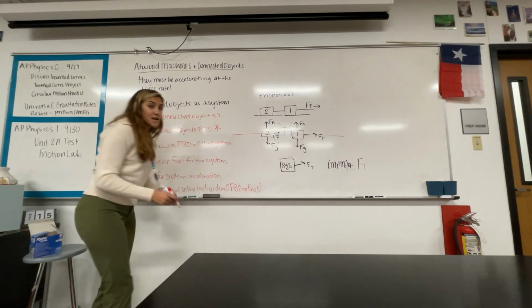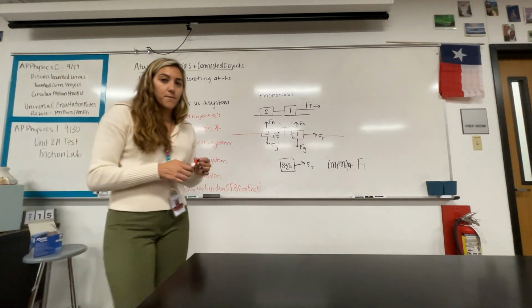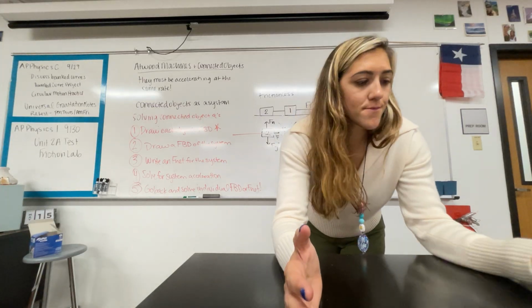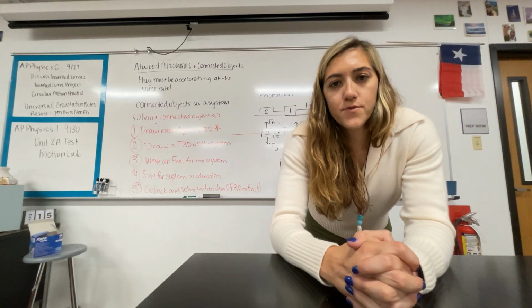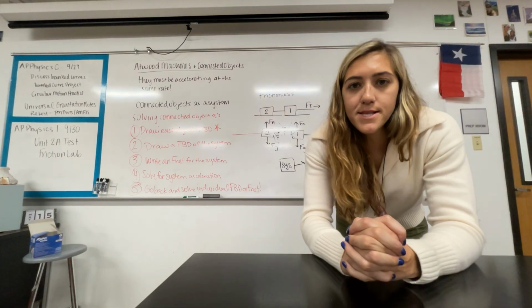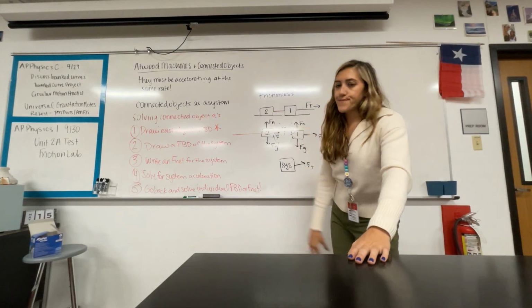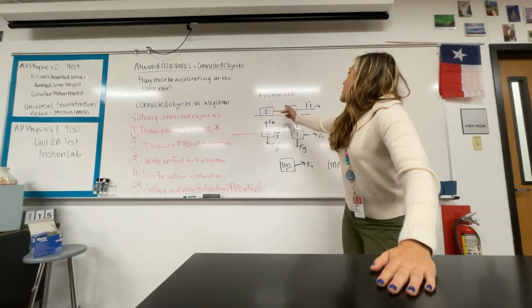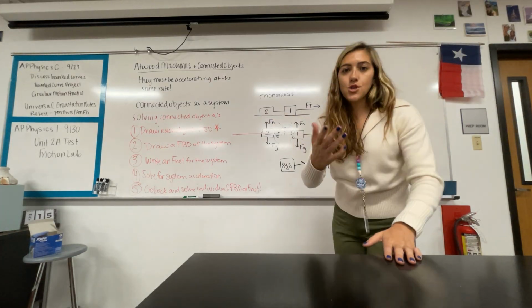So oftentimes, the way a connected objects problem is going to work is they're going to say, okay, here are these connected objects. What is the force of tension on box 1? Or what is the acceleration of box 2? Or what is, if this was frictioned, what is the friction on object 2?